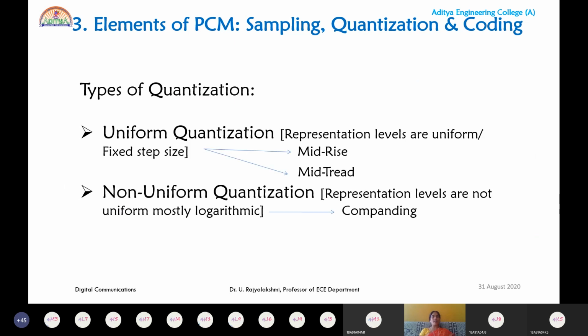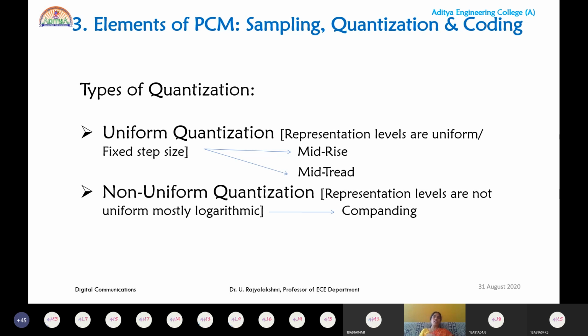In the next slide, you can see the different types of quantization. How many types of quantization are there? Generally, the process may be either uniform quantization or non-uniform quantization. We already discussed that the spacing between two adjacent amplitude levels is called the step size.